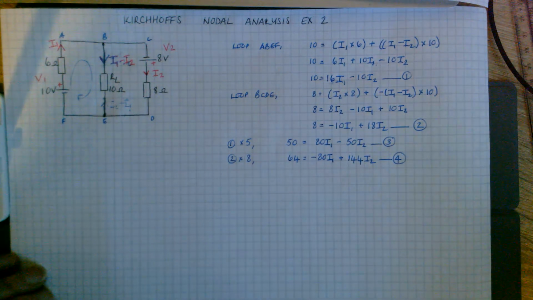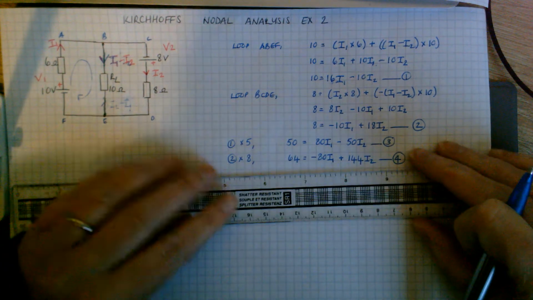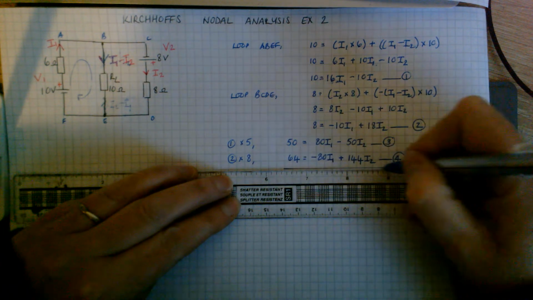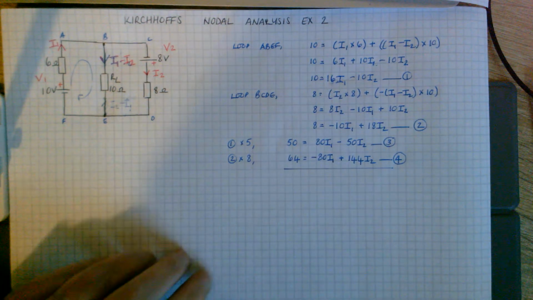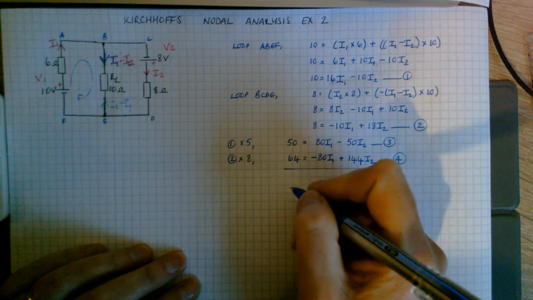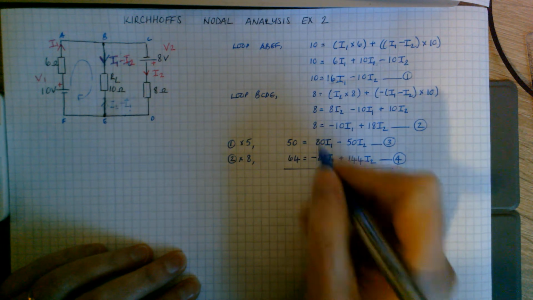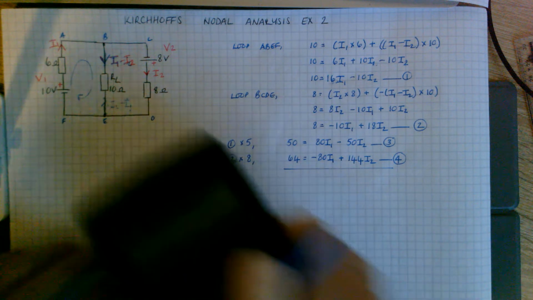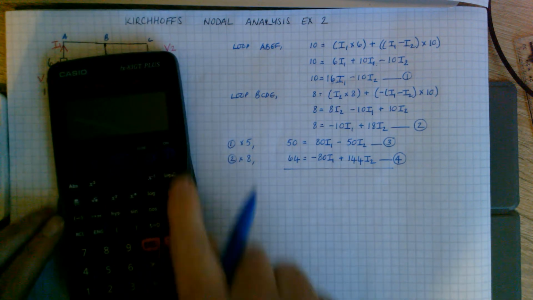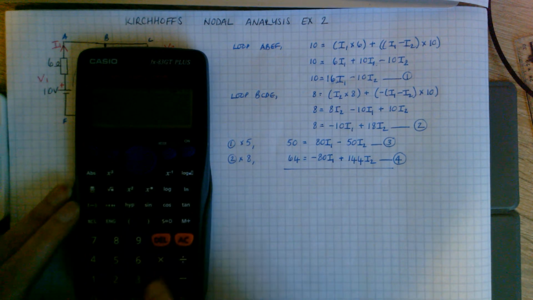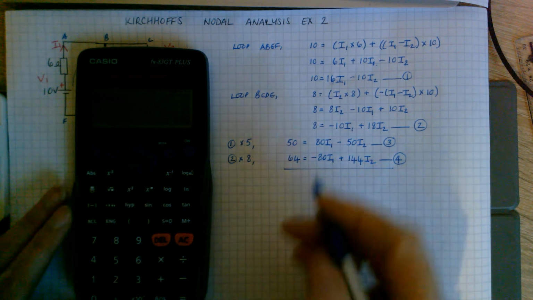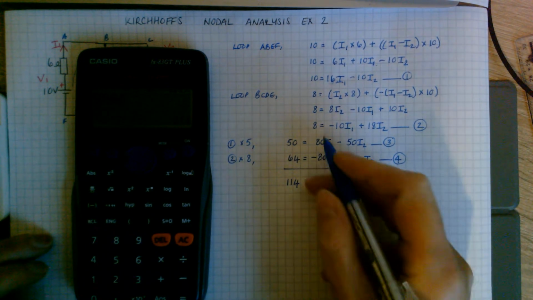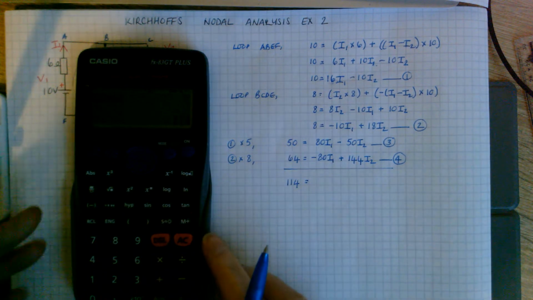So now, when I go on and add these two equations together, I get 50, and I add on 64, let's see, 50 add on 64, I get 114. 80 plus negative 80 gets me 0.